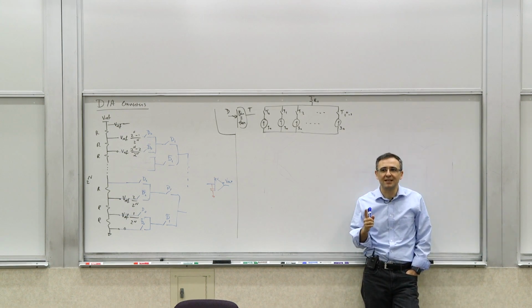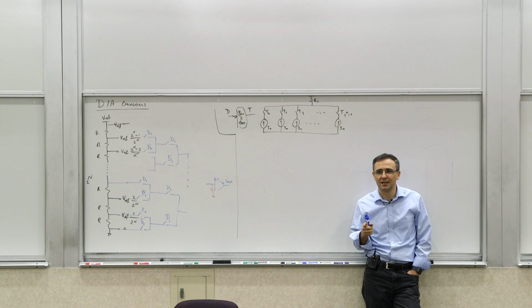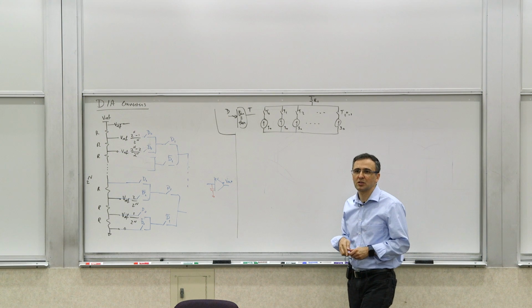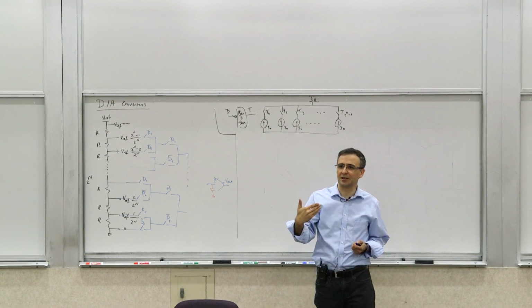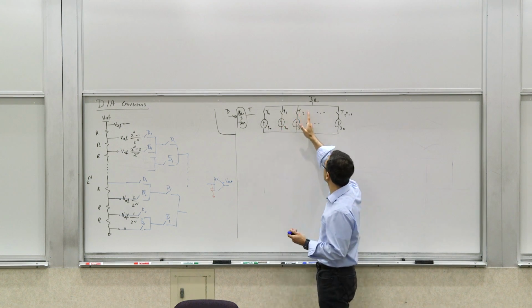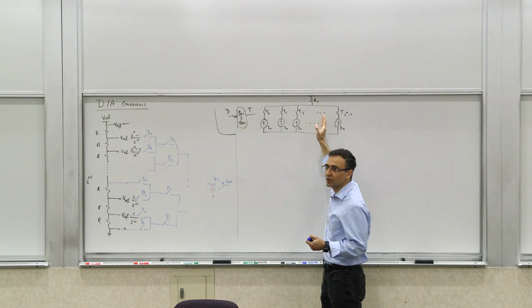I would claim that the DNL of this thing can never exceed 1 LSB, and it's often much less than an LSB. In other words, it's always monotonic, right? The output is going to be, with respect to the digital input, monotonic. Because as you increase the number of current sources, you just either add more current or less current.